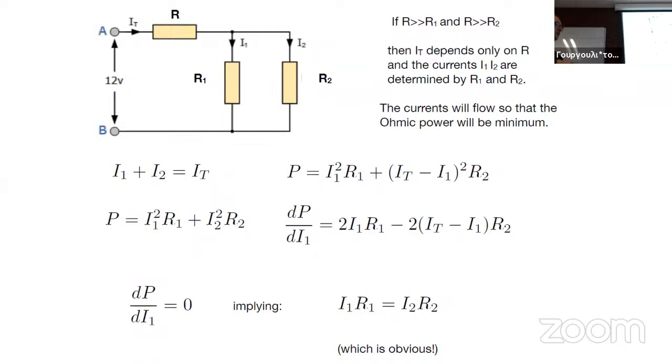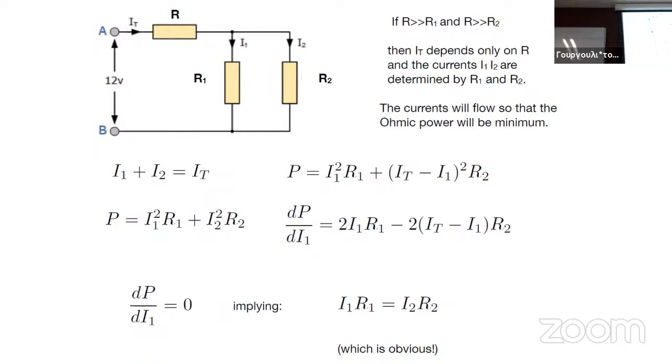And we know actually that I1 times R1 is I2 times R2, because the difference of the voltage here and there must be the same. However, another way to approach this problem is to say, okay, I1 plus I2 has to be equal to the total current, and then the power released through these two resistors, the ohmic power, will be I1 squared R1 plus (IT minus I1) squared R2.